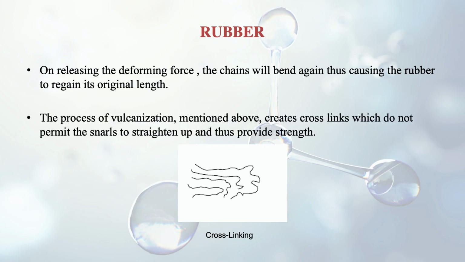But by the process of vulcanization, which we have learnt earlier, cross links are created. Then the straightening up which has happened will not go back to its bent form. Whatever force we applied and it is straightened up, it will remain like that because of the cross links that have been created, and this will provide it strength.